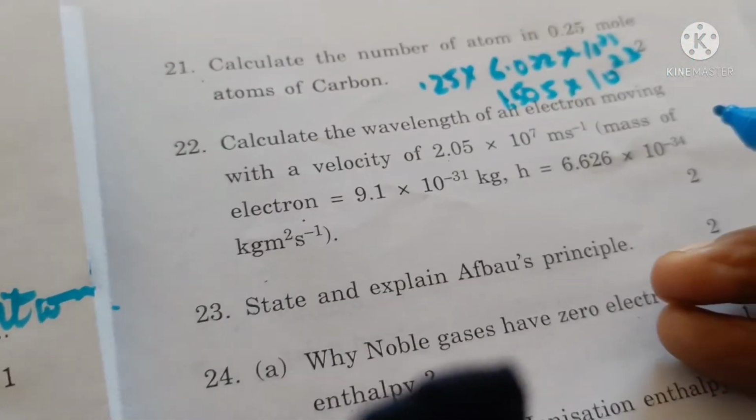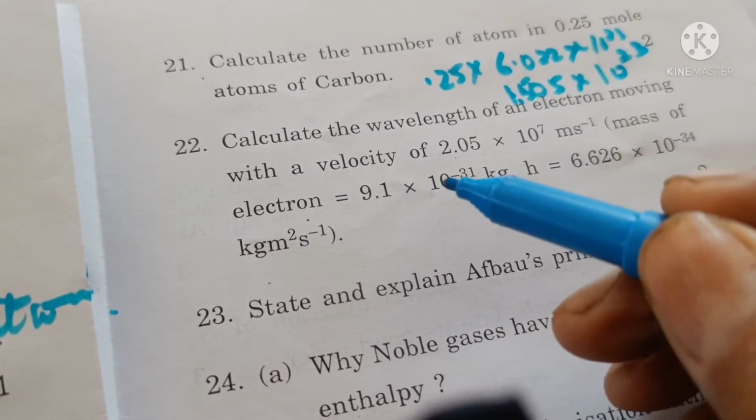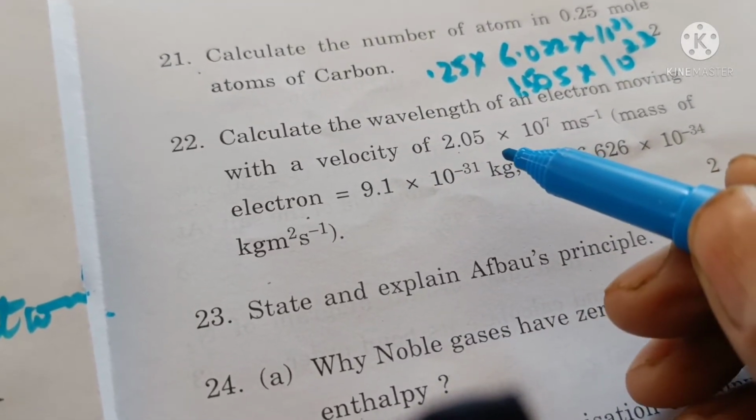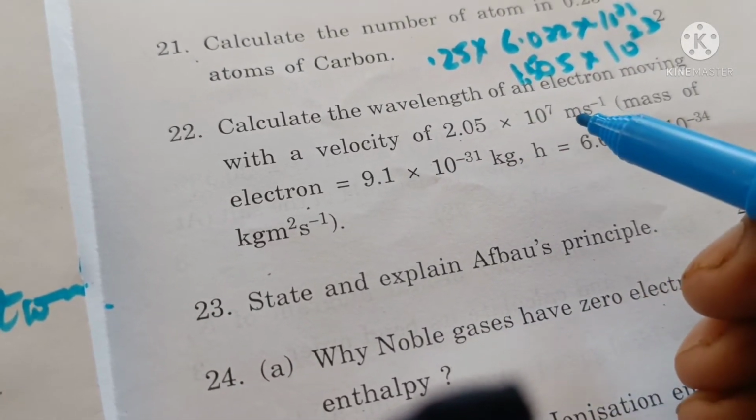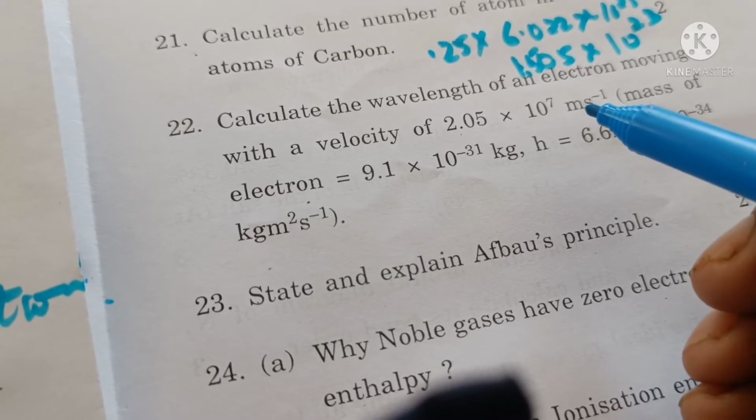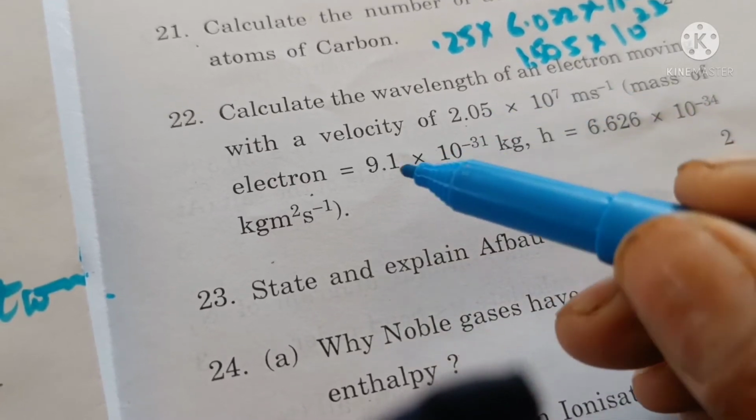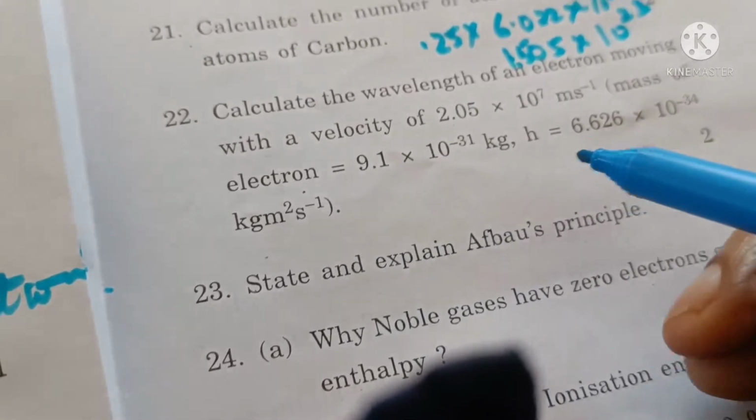Calculate the wavelength of an electron moving with a velocity of 2.05 into 10 raised to power 7 meters per second. Mass is given and h is given.